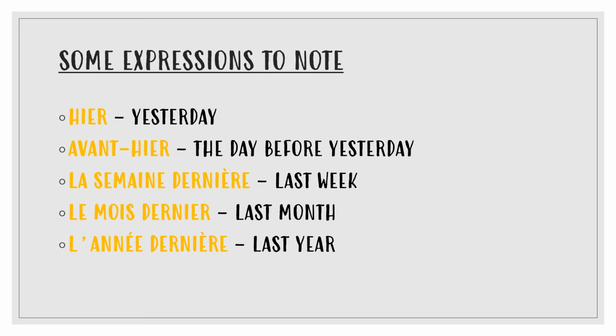So, these are some of the expressions that you can use when you're, for example, writing a little recounting of what you did last weekend or last month or last summer. Things like this, okay? L'année dernière, last year. Le mois dernier, pre-COVID. Alright?